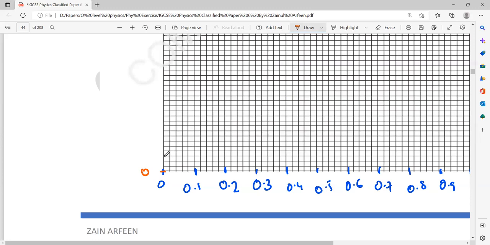So 1, 2, 3, 4, 5, 6, 7, 8, 9, 10. I may have miscounted. So if I select 10 boxes equals 2, then another 10 boxes equals 4.